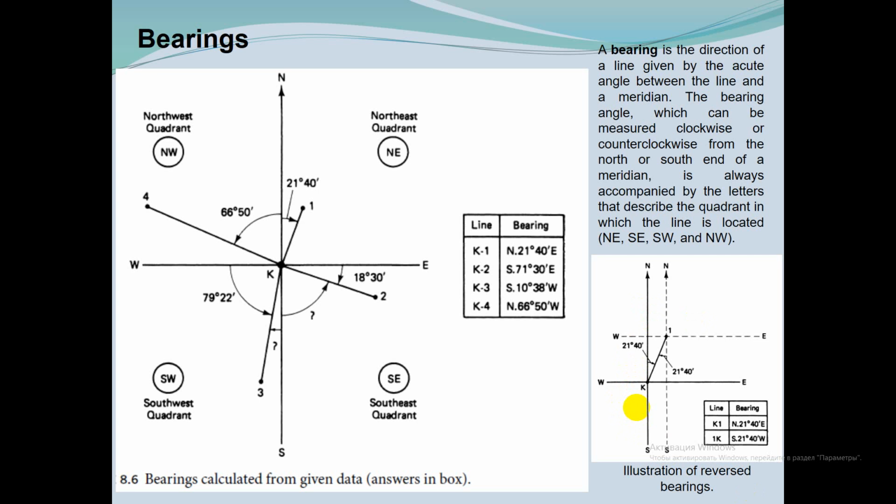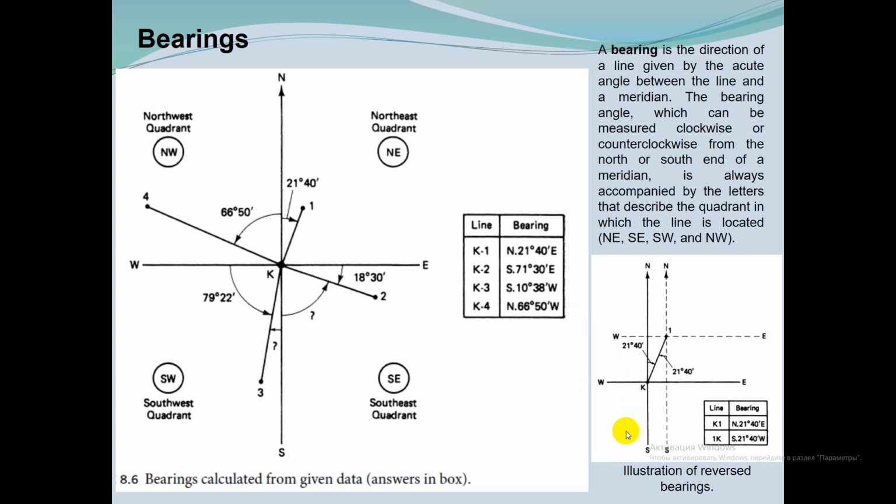When the meridian is drawn through point K, the line K1 is being considered and the bearing is northeast. If the meridian is drawn through point 1, however, the line 1K is being considered and the bearing is southwest.